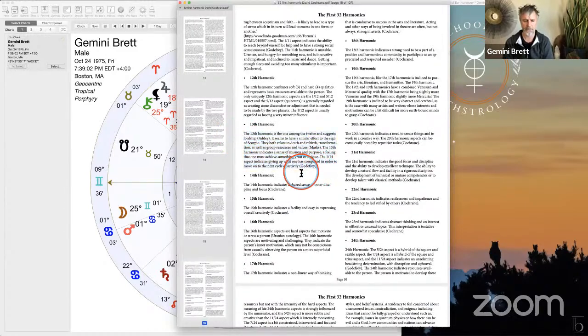Okay, so we get: the 13th harmonic is the one among the 12 and suggests lordship. Well, I missed out on the lordship thing. I don't love the word, and I'm not too sad I missed out, I think. But the one among the 12, you can hear the number magic intrigue there for sure, right?